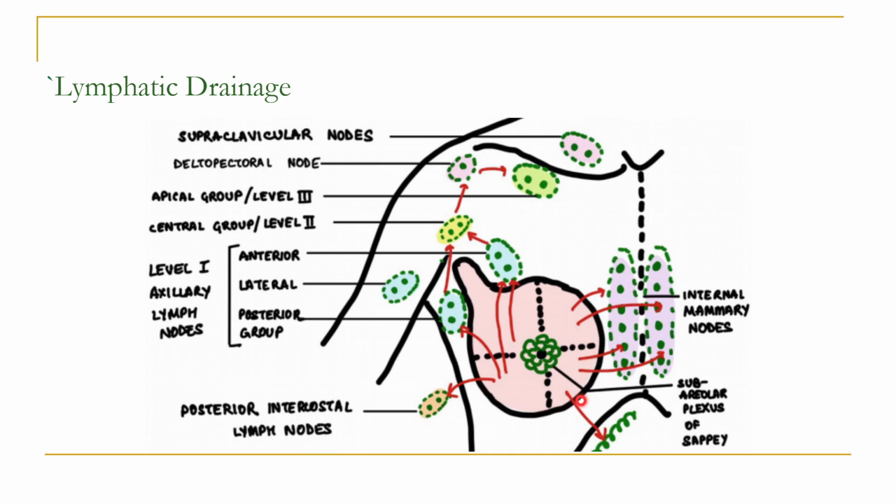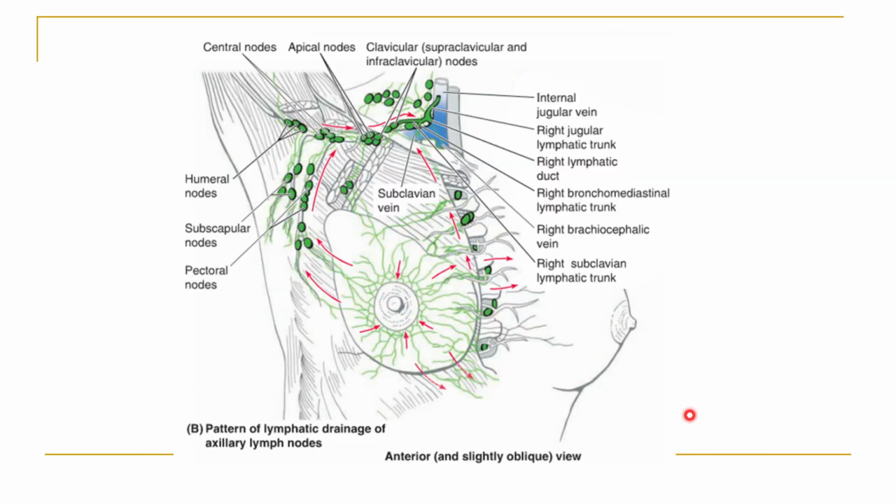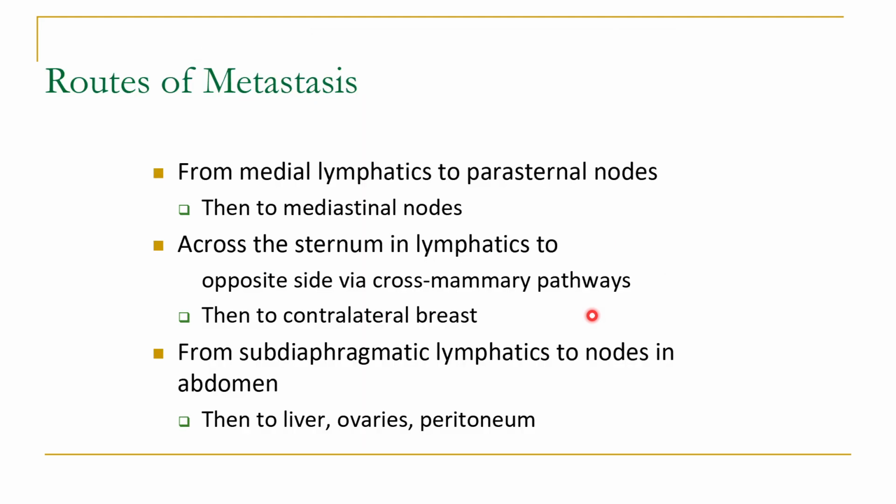From the inferior medial part, it drains into the subdiaphragmatic and subperitoneal nodes, through which it can metastasize to the abdominal organs. You can see the internal mammary nodes; from here it can spread to the opposite mammary gland. Coming to the routes of metastasis, from the medial lymphatics to the parasternal, it can also metastasize to the mediastinal lymph nodes.